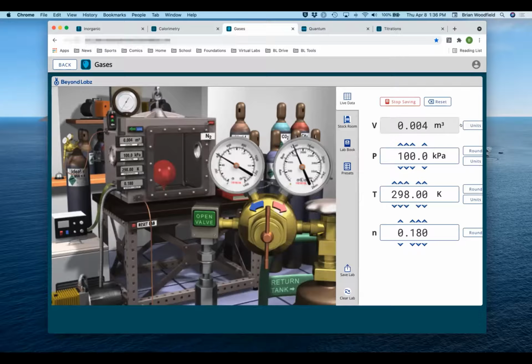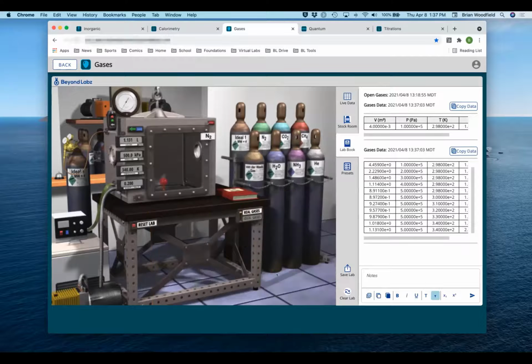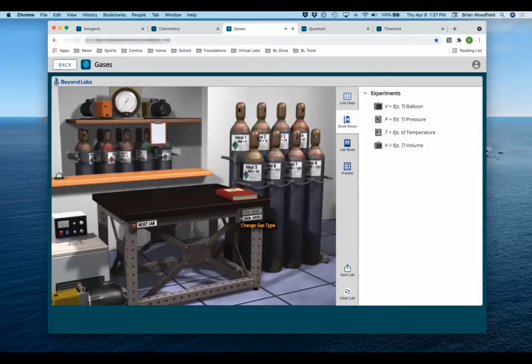I can change my units here, increase my pressure, increase my temperature, save all this data, and then click stop and come back here to my lab book, and here's that table of data. Return the tank, we can do reset, and we can do gas mixtures here, of course.